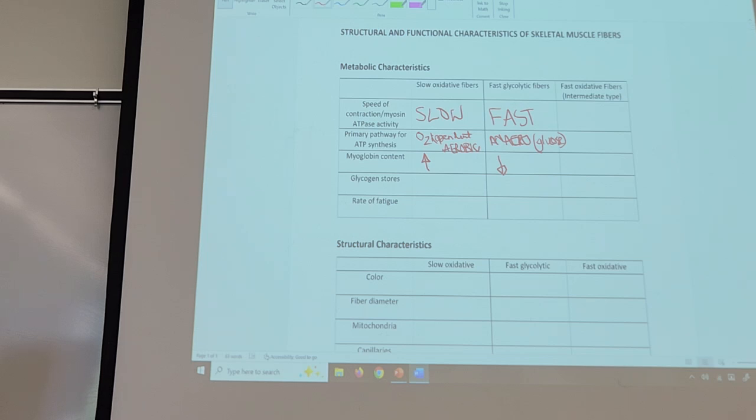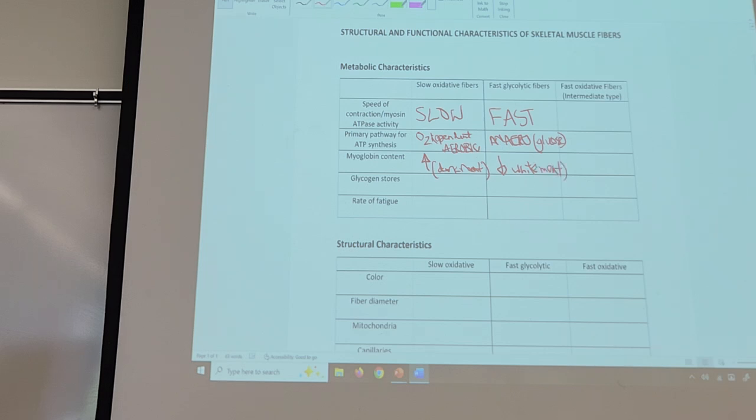So as far as myoglobin content goes, you can also think of it as, if we talk about animals, which we will in a moment, compared to humans, the higher myoglobin content is what's found in dark meat. For example, chicken, okay, versus low myoglobin content is going to be white meat.